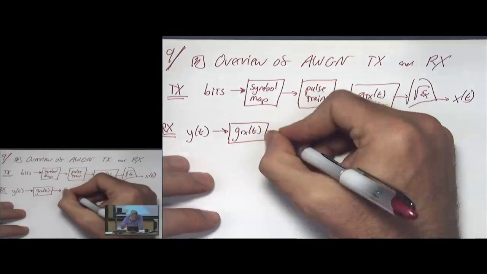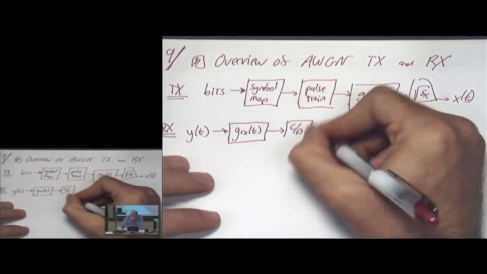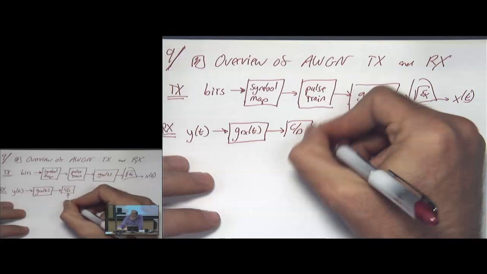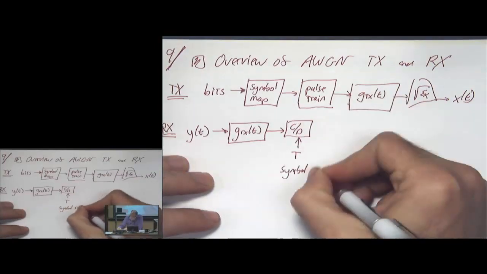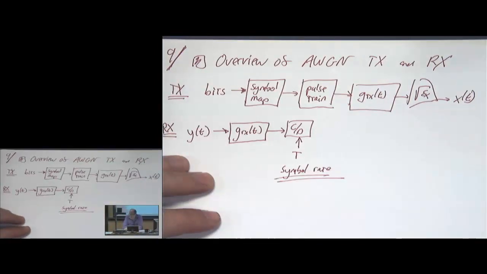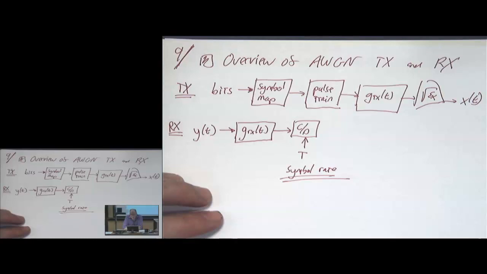After that, we are going to sample. And this is important here. We're sampling at the symbol rate, not sampling at the Nyquist rate. And we'll see that they're not necessarily the same thing.